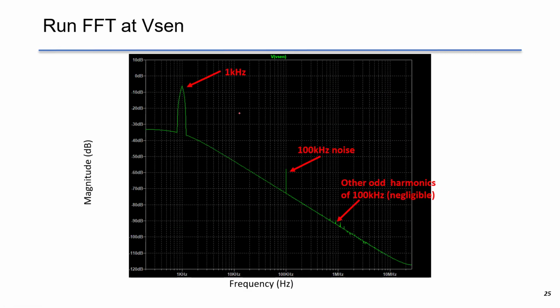By FFT in LTspice, we can see that the 100 kHz noise is basically removed from the Vsen. It's greatly attenuated, about minus 60 dB. So the only dominant part in the Vsen is the signal we want, which is at 1 kHz.